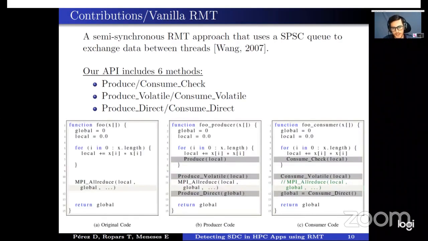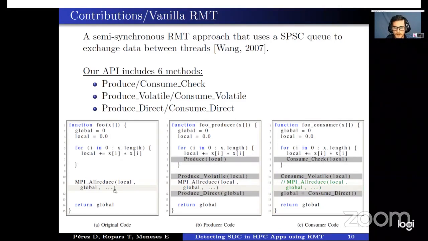What we see at the left is the original code, at the center is the producer or leading thread code, and at the right is the consumer or trailing thread code. At the left, it's a for loop that on each iteration modifies a local variable. We see an MPI all reduce that takes this local variable and gathers the value in this global variable.